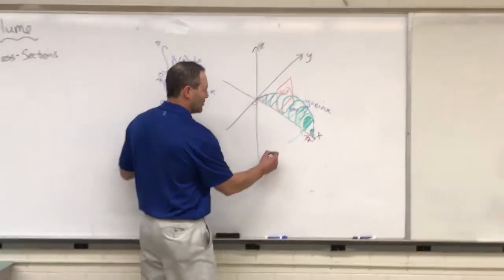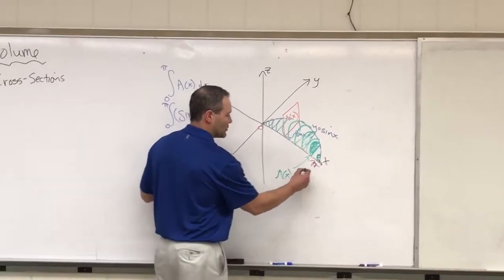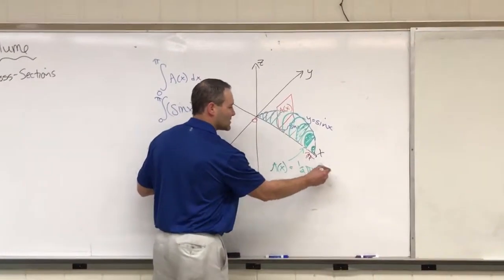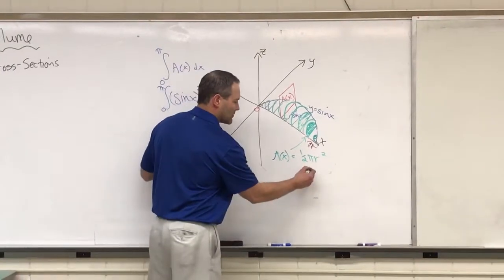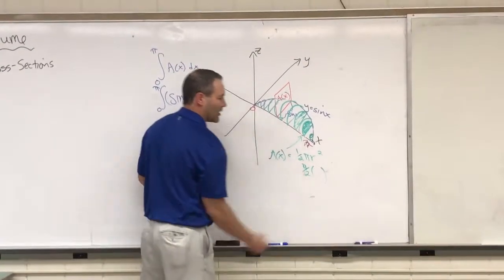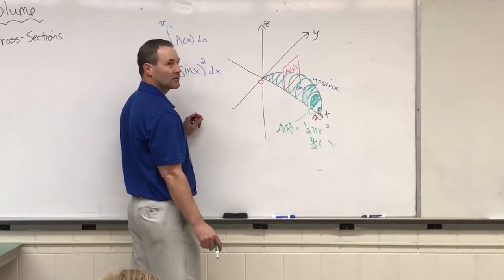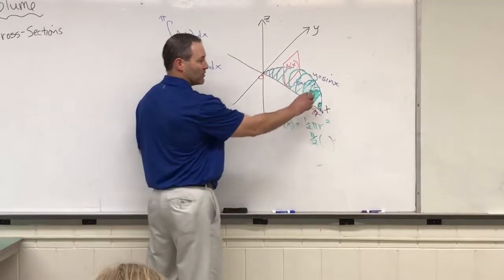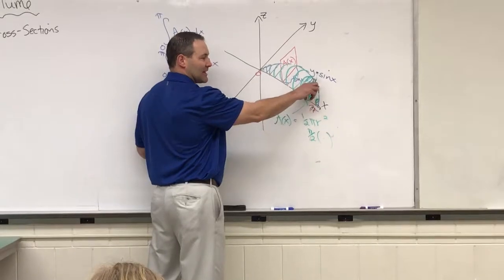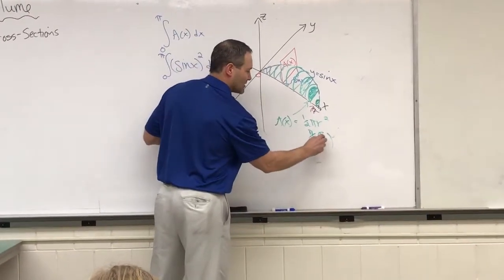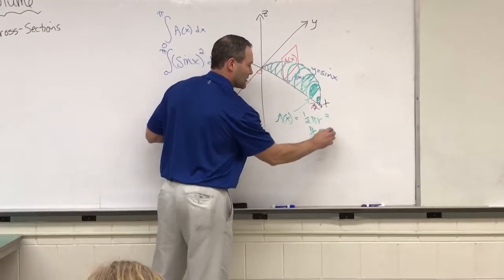Alright, so we know that A of x for green is 1/2 pi r squared. This is a half circle. So it's pi over 2, whatever our r is. What's my radius here? Sine x over 2. We only want half of it. That's sine x. Half of it is sine x over 2, squared.